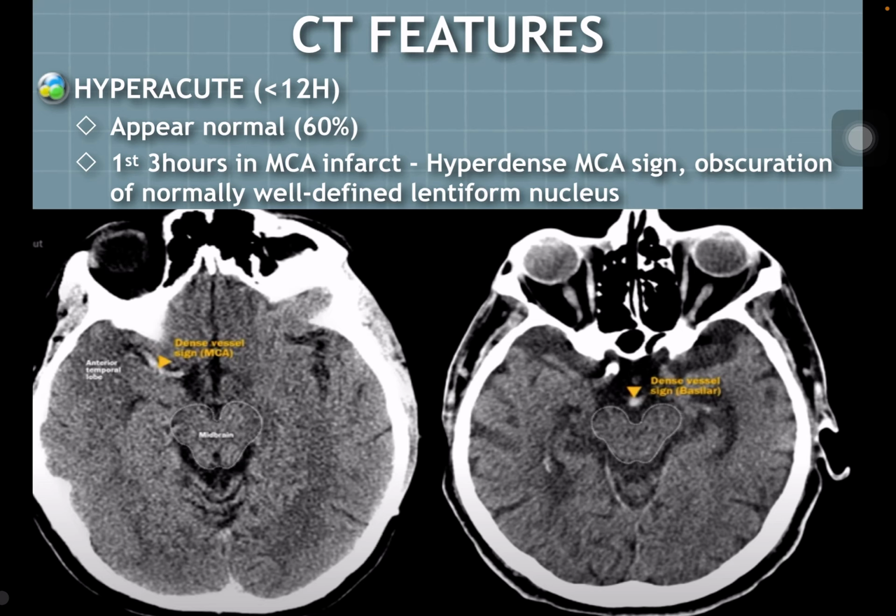The image on the right also shows a hyperdensity, but this time it's between the cerebral peduncles in the interpeduncular cistern. This is the top of the basilar artery. This is a finding of acutely clotted blood, which looks hyperdense or bright on CT. This dense artery sign represents an acute clot.